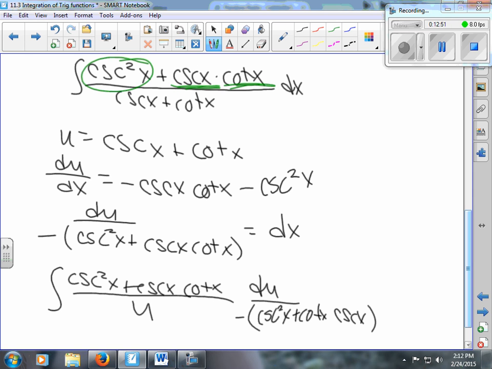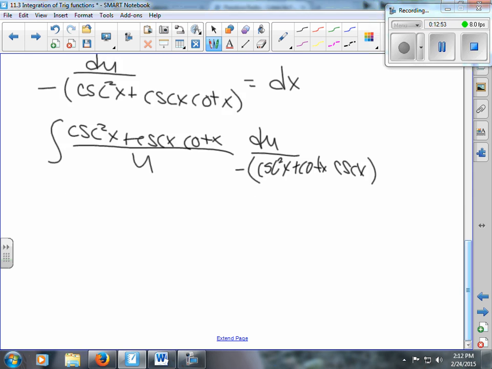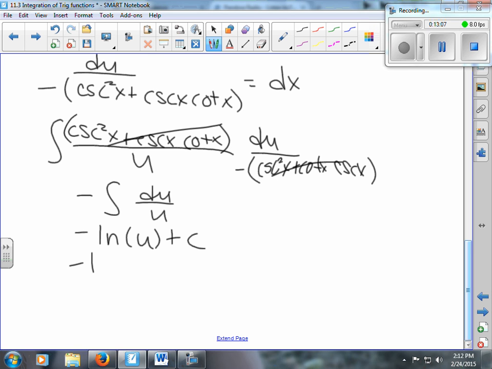And so those cancel. Shock, right? This whole, I can put this in parentheses and cancels except for the negative. So this is essentially integral negative 1 over u du. And so that's negative natural log of u. And my u was that strange cosecant x plus cotangent x.